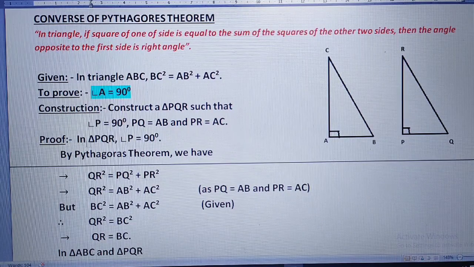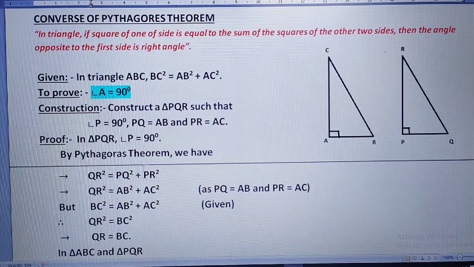For the proof part, in triangle PQR, angle P is 90 degrees by construction. By the Pythagoras theorem, as per the first theorem, we know the relation between the sides of a right angle triangle: the sum of the squares of the adjacent sides is equal to the square of the hypotenuse. So in this triangle PQR, PQ is one side, PR is another side, and QR is the hypotenuse.